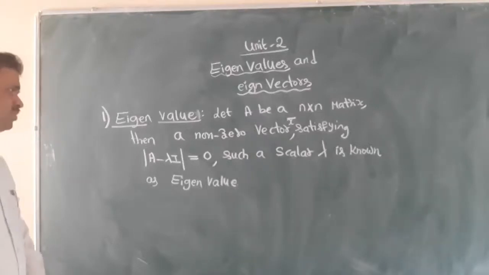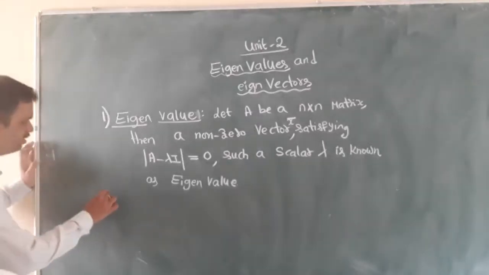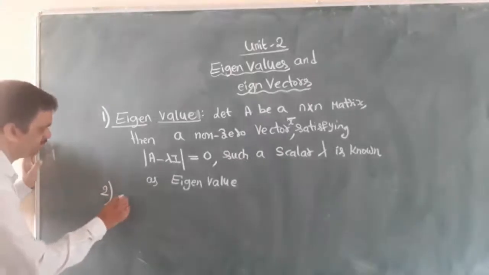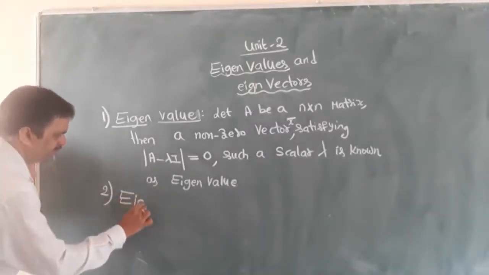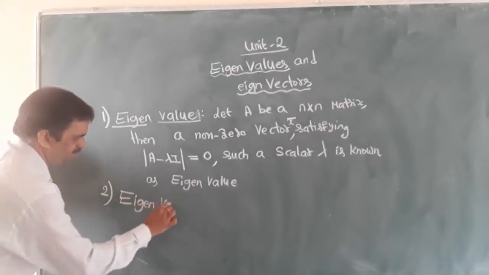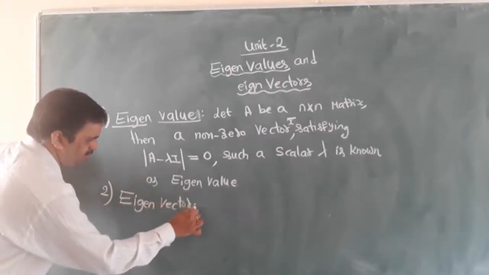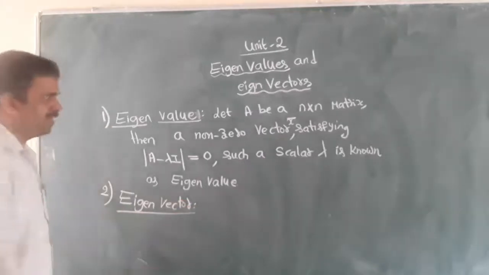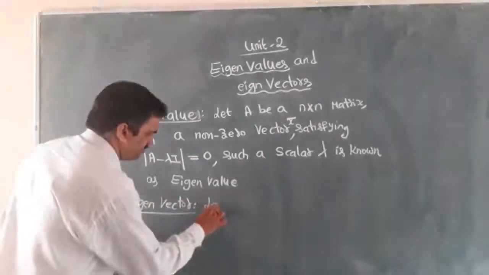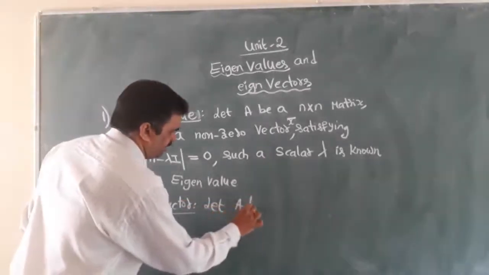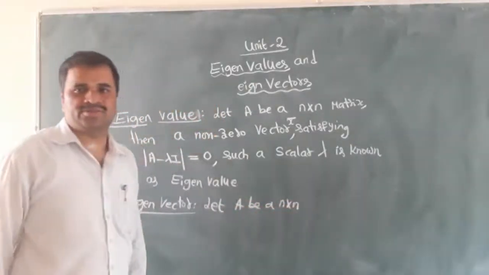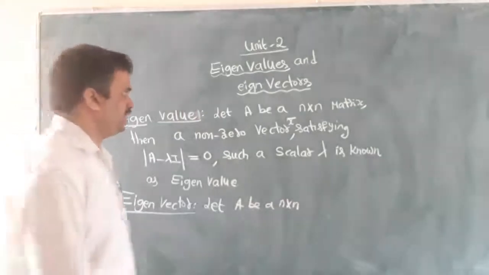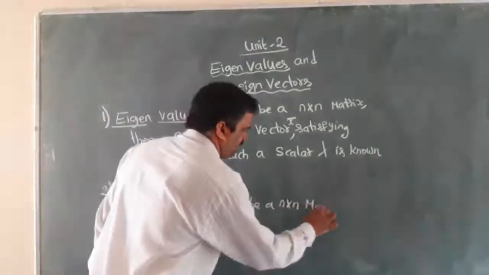And now, second definition: eigenvector. Let A be an n by n matrix, with n rows and n columns.